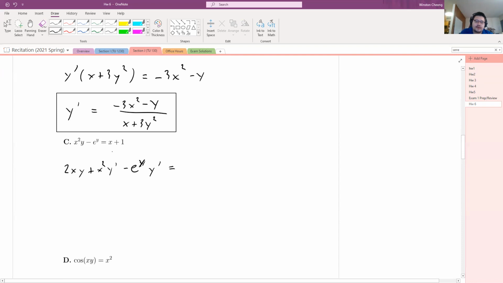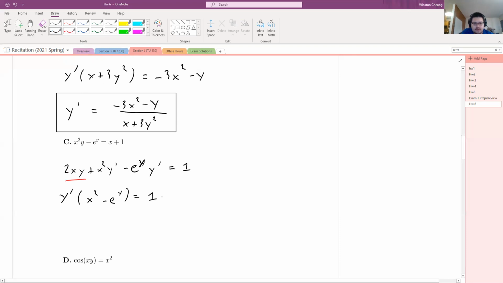And now the left-hand side, well, we get just a 1, coming from the derivative of x. The plus 1 goes away, it becomes 0. So we don't need to say anything about that. All right, and again, we do the whole grouping thing. These two terms both have y prime, so we get x squared minus e to the y on the left, and then we subtract this 2xy to the other side.